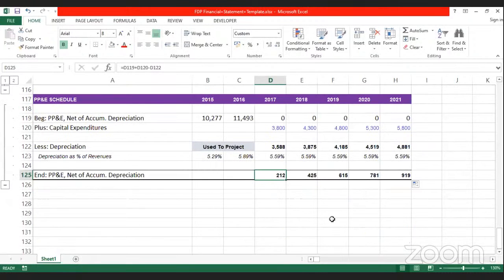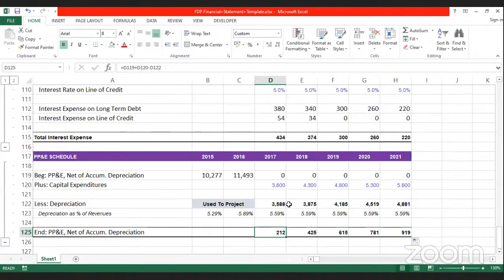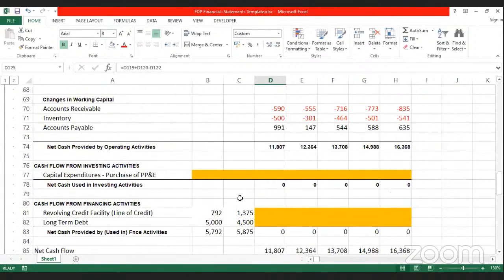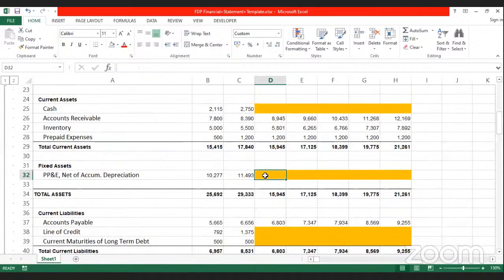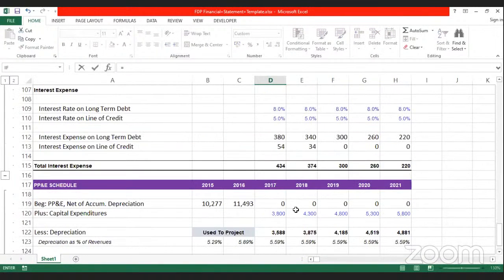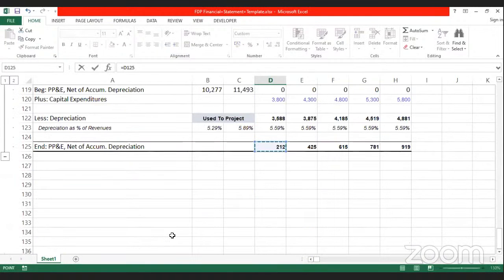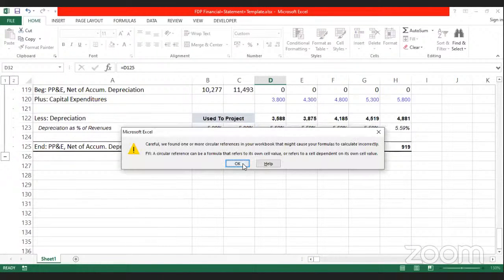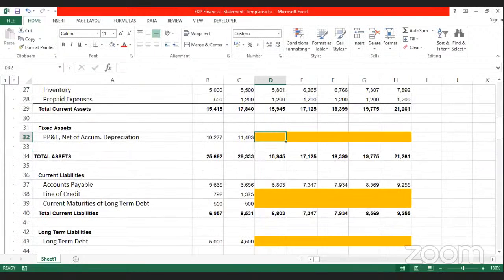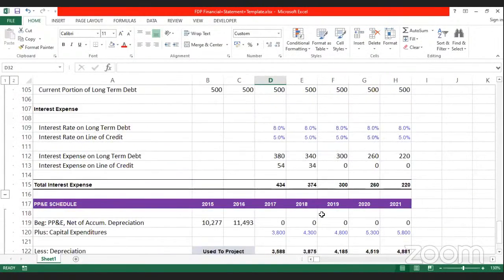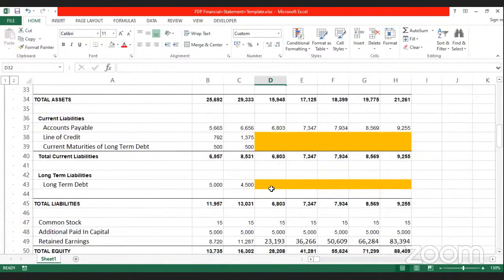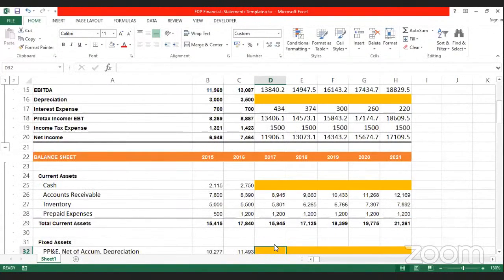I'll go to balance sheet again. Wherever I have kept blank, I have to fill it, right? I'll go to balance sheet, is equal to, and I'll select this. Okay, it is not getting pasted. It is 212, 425. Balance sheet.